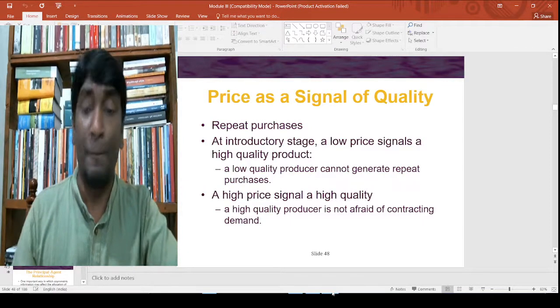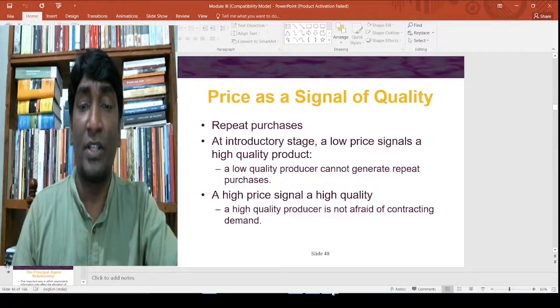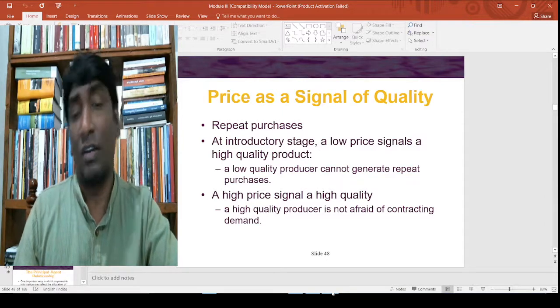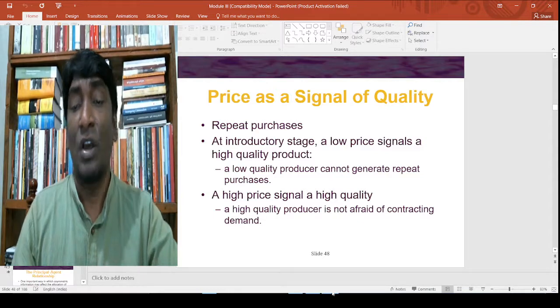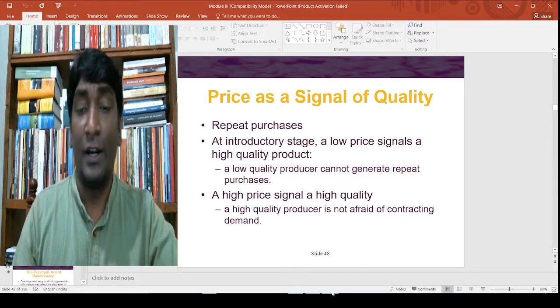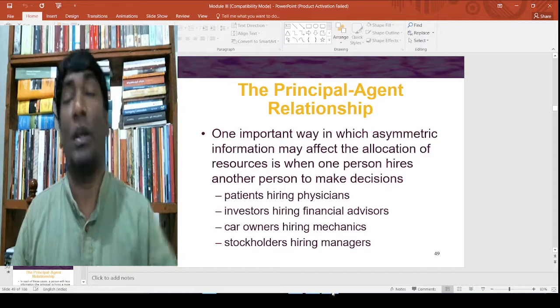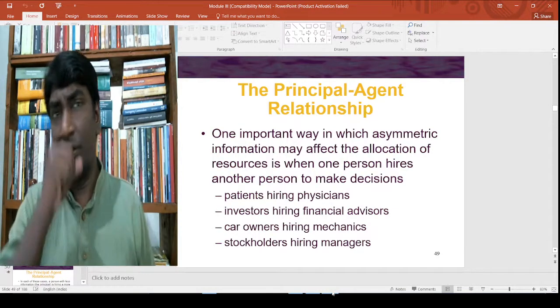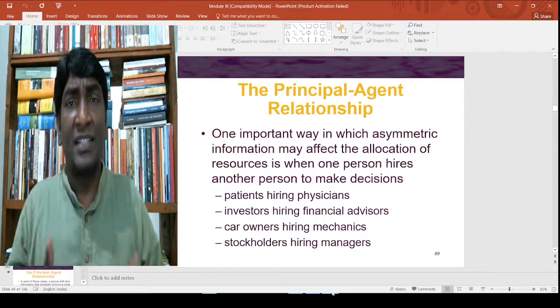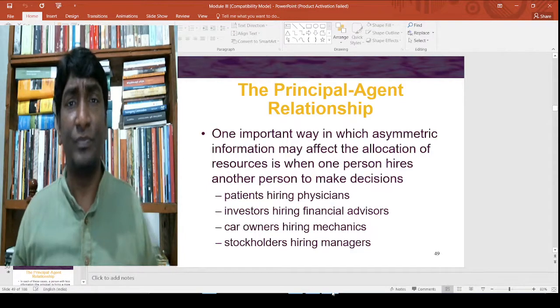Now, at an introductory stage, a low price signals a high quality product. A low quality producer cannot generate repeated purchases, and a high price signals high quality. A high quality producer is not afraid of contracting demand. If you are selling at a very huge price, then you are less concerned about the market.